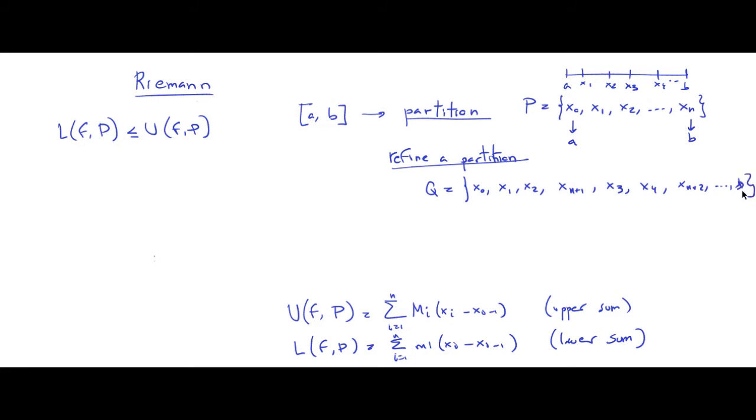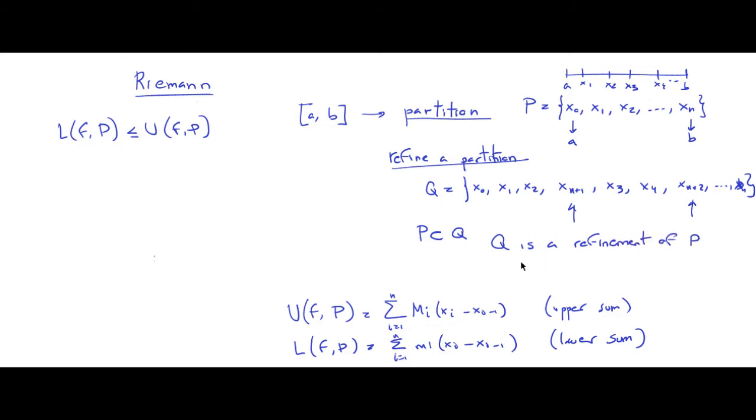So we insert new points in here. So partition P is included in this Q. So this is more refined. Q is a refinement of P.